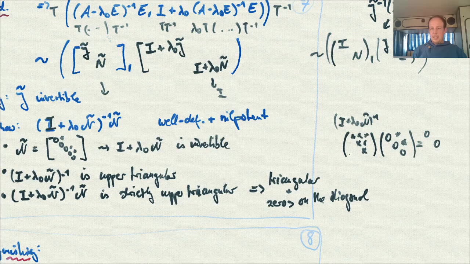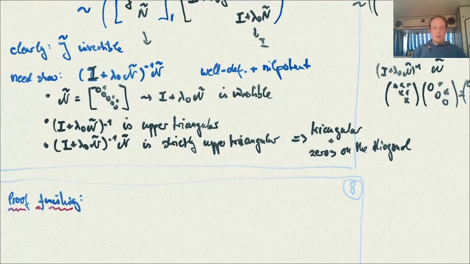The last entry will be the last line times the last column, and this will give you a 0 too. Doesn't matter of the size, you will always have the zeros. So you will have zeros on the diagonal, and this in particular means that N tilde is nilpotent.